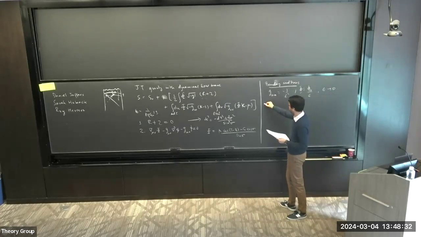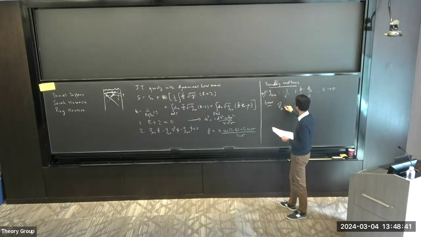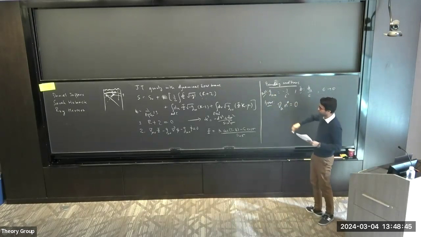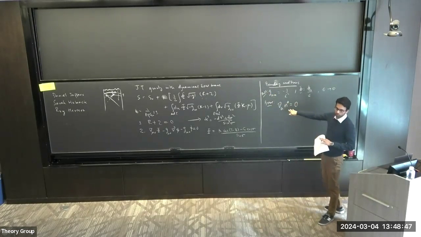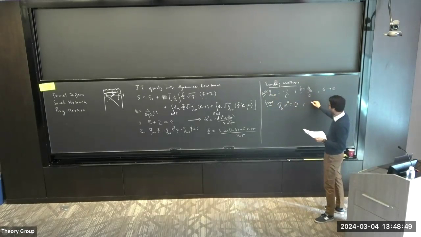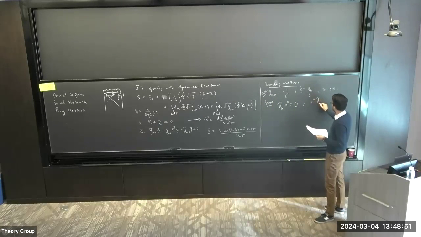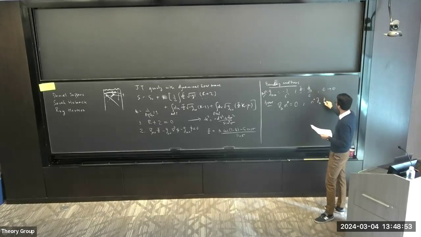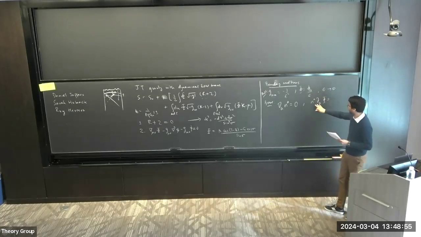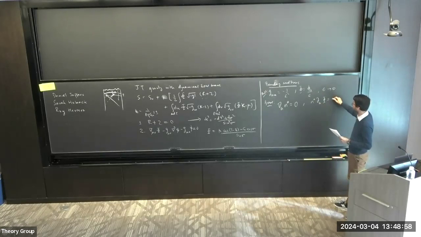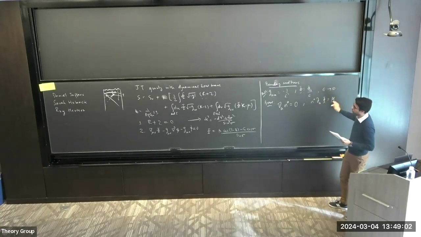Basically, this was AdS. At the end of the world brane, what we'll get is that this should be 0, where n is the normal to the brane, and also that the normal derivative of the dilaton at the end of the world brane should be related to the mass of the brane.